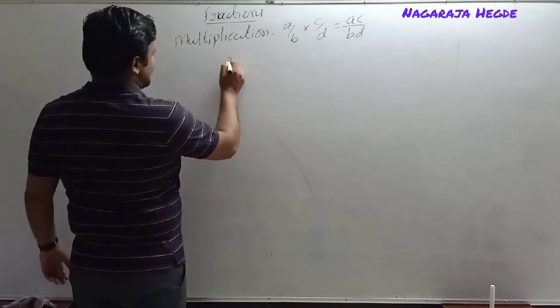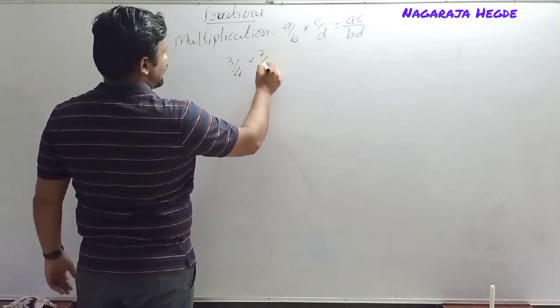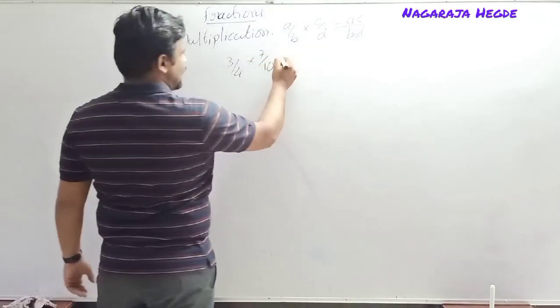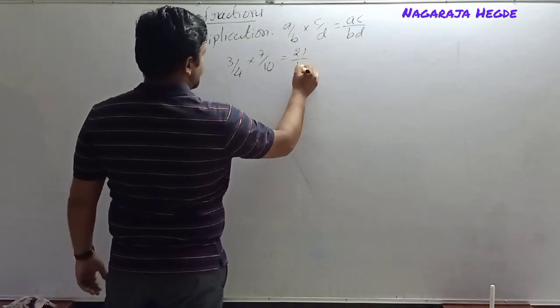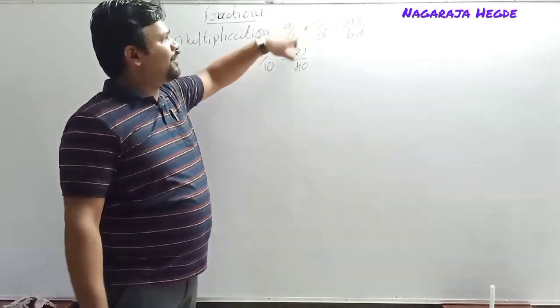For example, if I have 3 by 4 into 7 by, let us take 10. To multiply, 7 threes are 21 and 10 fours are 40. Sometimes we can simplify here.